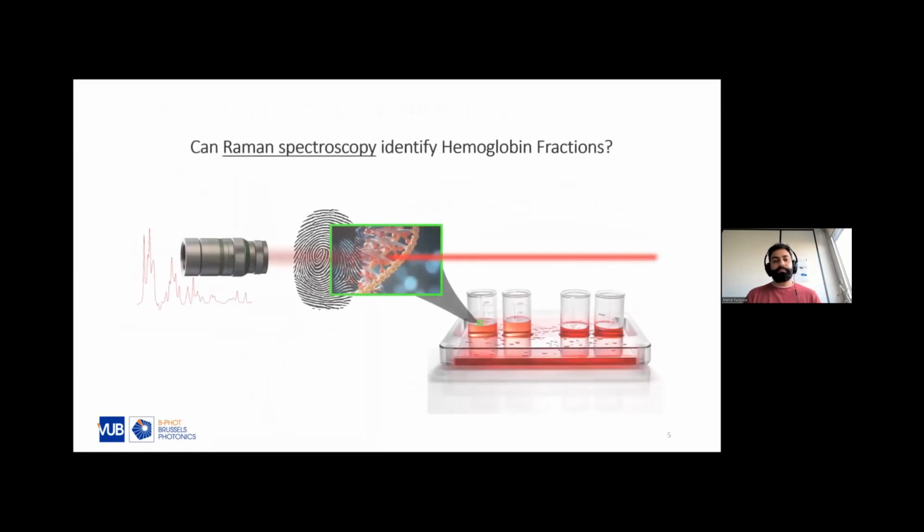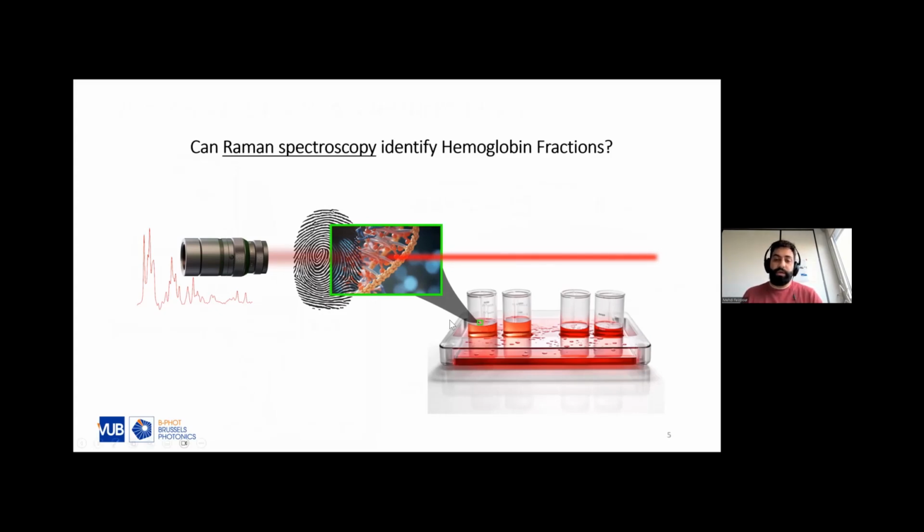So that brings us to the article that we got published, which had a main question: can Raman spectroscopy be the tool that can do the fingerprinting of these different fractions? Can it identify them, tell them apart, and not only say that what I see has this specific concentration?